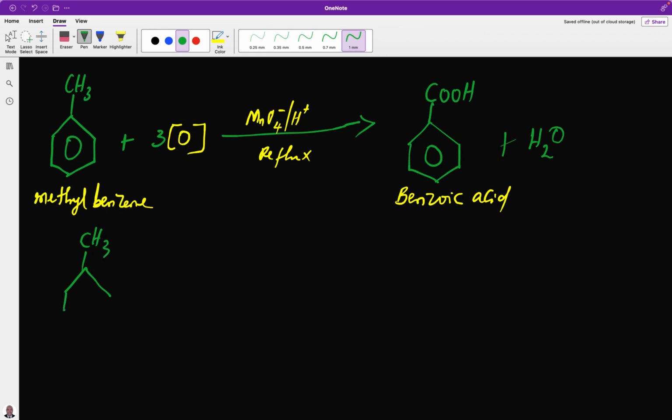So you have this here. You also have this. This time around, we will need 6 atoms of oxygen, because we are going to oxidize 2 side chains.